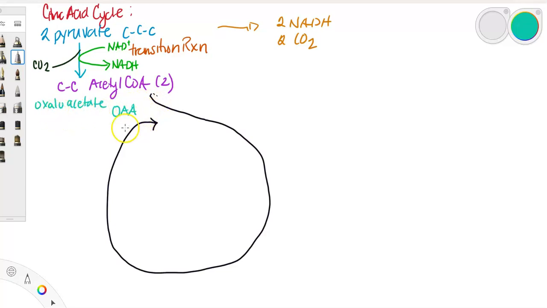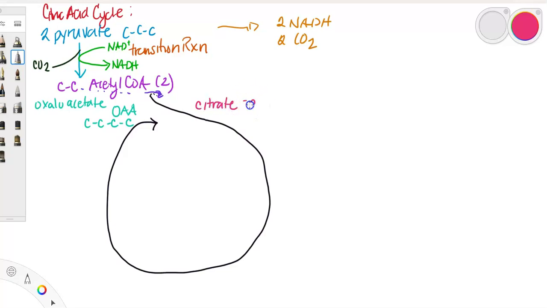Oxaloacetate. And this molecule is 4 carbons long. So if that is there, then acetyl-CoA can enter into the cycle, and it will combine with oxaloacetate and create the first molecule of the cycle, called citrate.